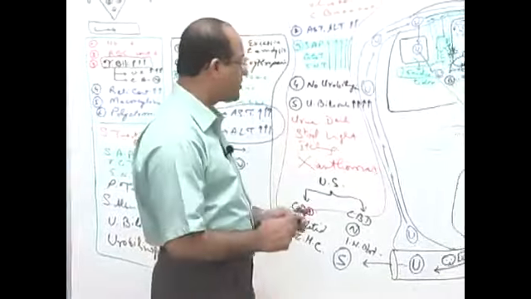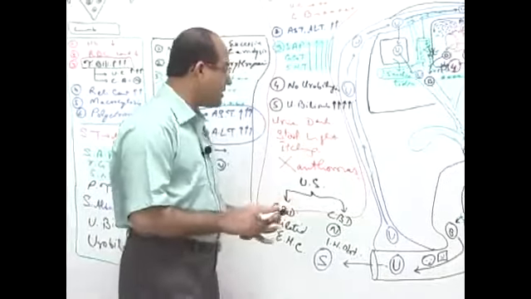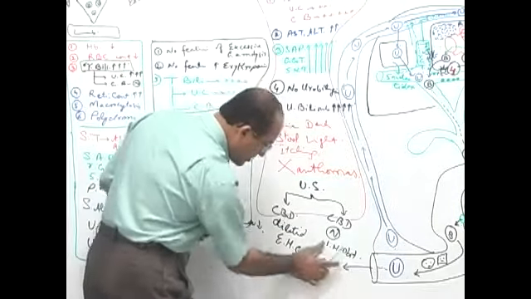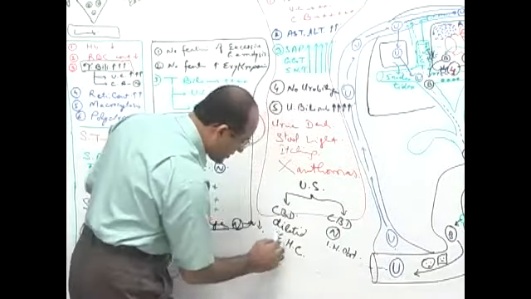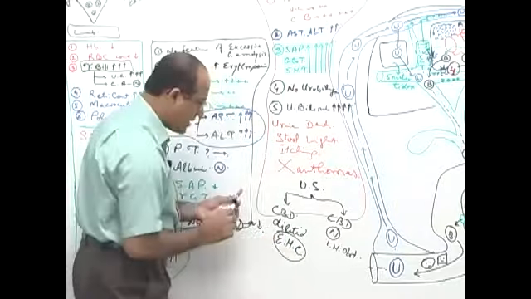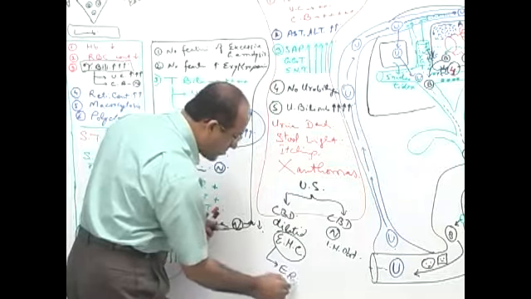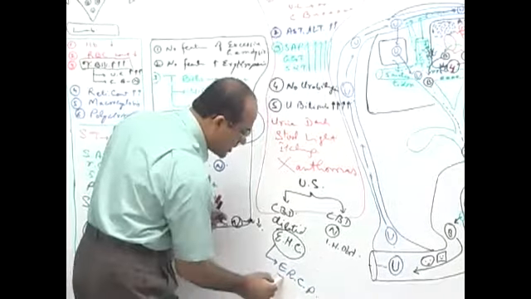The next investigation which is important: if you find that there is extrahepatic cholestasis, the next investigation should be ERCP. What is ERCP?